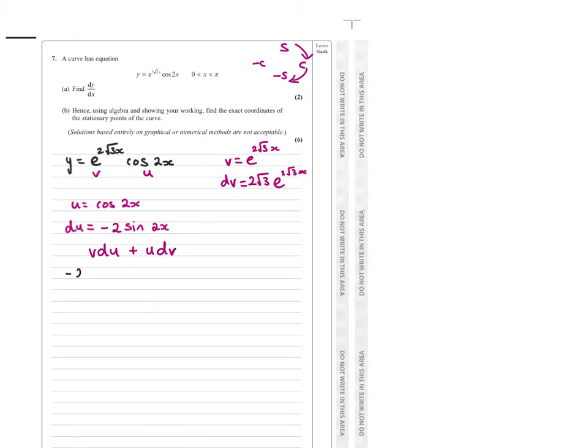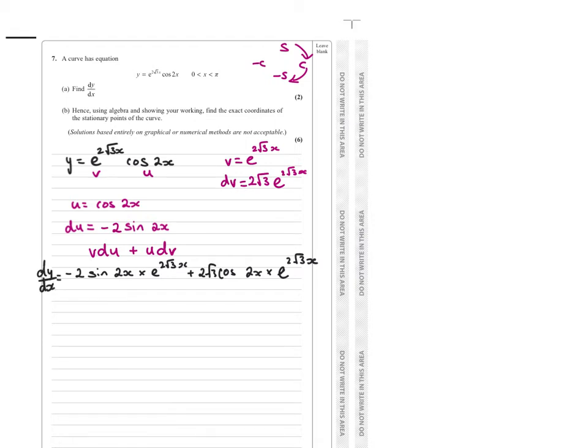So I'm going to get minus 2 lots of sine 2x times e to the 2 root 3x plus my u, which is cos of 2x times 2 root 3. So I'm actually going to put that 2 root 3 up here. Plus 2 root 3 cos 2x times e to the 2 root 3x. So this is what dy by dx equals.